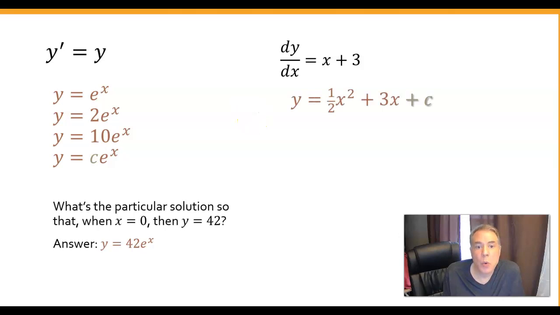And so that would be 1/2 x squared plus 3x plus a constant. That constant could be any particular number, and you'd still have a function whose derivative turns out to be x plus 3. So if you've studied antiderivatives or indefinite integrals, you've seen this situation before where the general solution has an arbitrary constant in it somewhere. And so with solutions to differential equations, they often involve constants. There's a c in there somewhere.